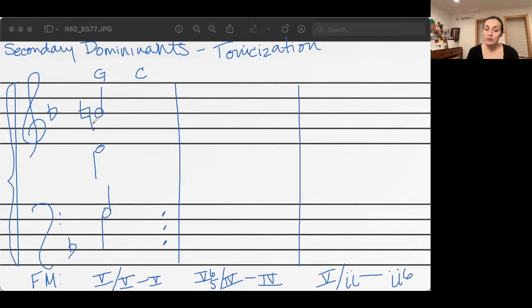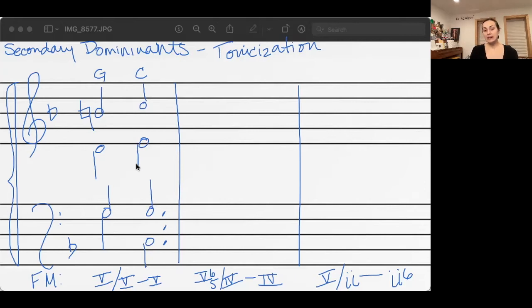Just like any other dominant, you are going to have to resolve all your tendency tones. In this case, we have our temporary leading tone, which is B natural, and that has to go up to C. We have a root position chord in our resolution spot, so we know the bass has to be C. We're going to try to keep some common tones if possible, and then move everything else by step and make a complete chord.